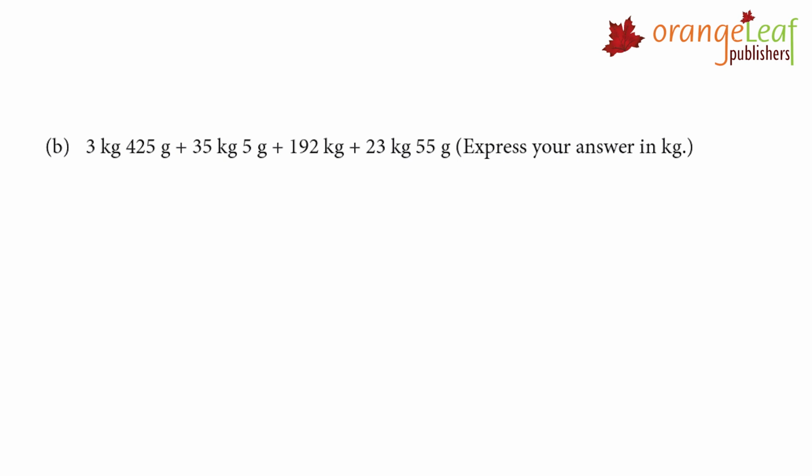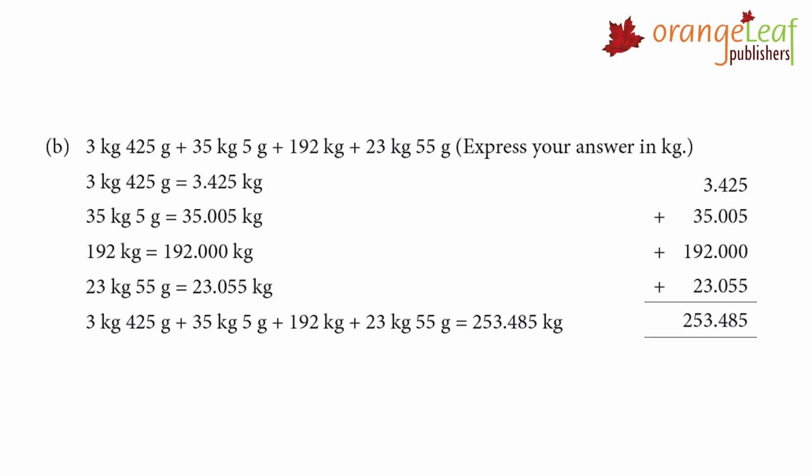Now let's add 3 kg 425 grams plus 35 kg 5 grams plus 192 kgs plus 23 kgs and 55 grams. We have to express this answer in kilograms. So we have to convert all the given values into kilograms.